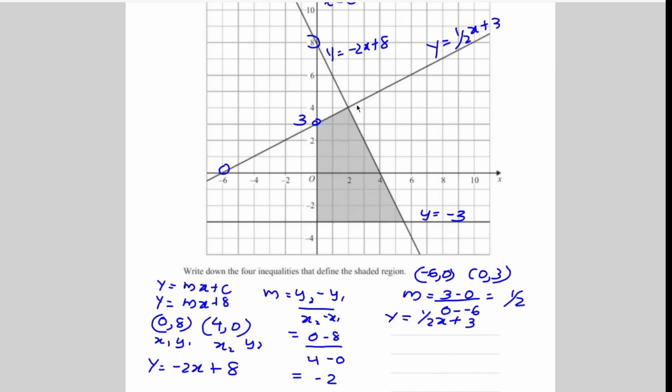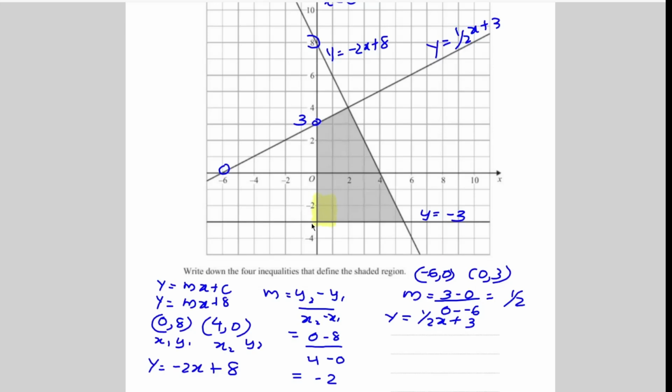Now we need to write the inequalities. Let's convert these into inequalities. Let's move on to this one, y equals minus 3. Being on this line, to go to the shaded region, I need to come upwards.